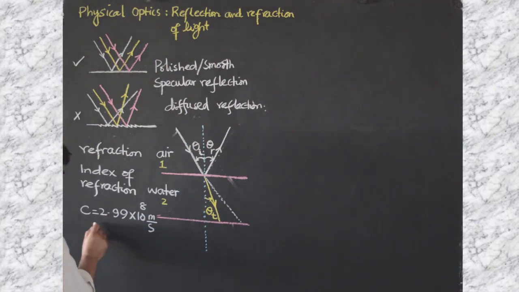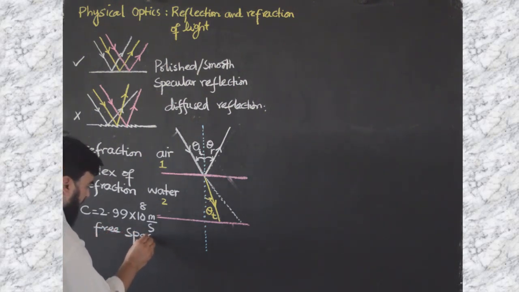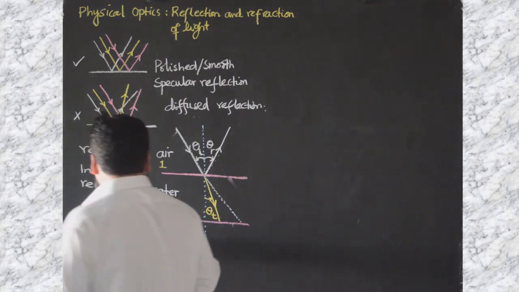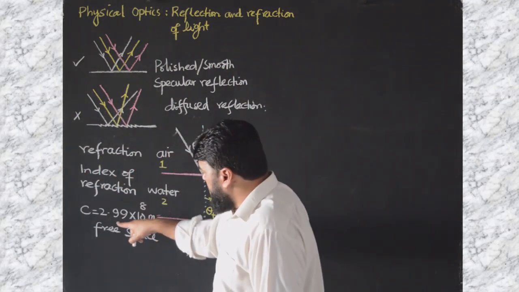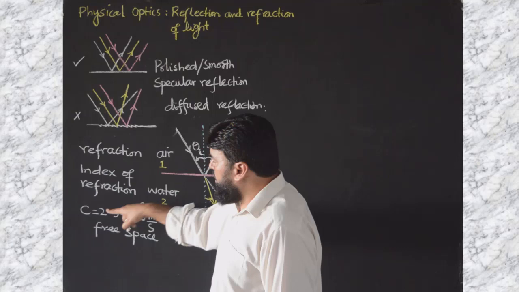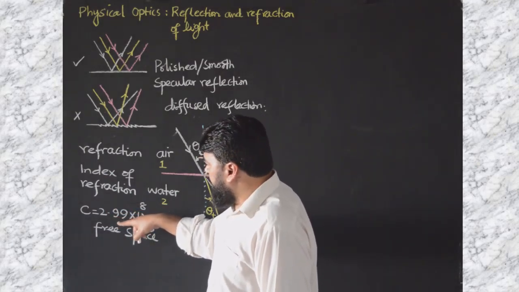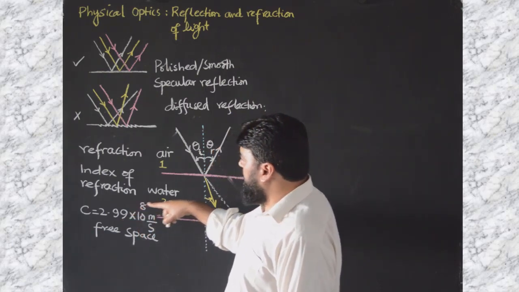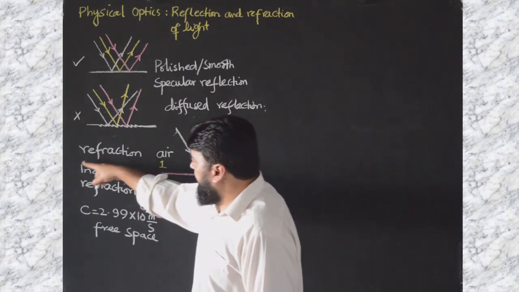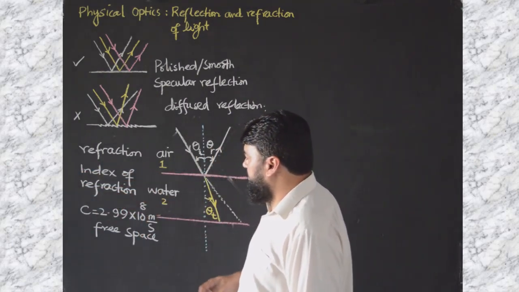This speed is in free space, which we call vacuum. Now, when any other medium is encountered, this speed lowers. And how much it lowers will give us the idea of the index of refraction.